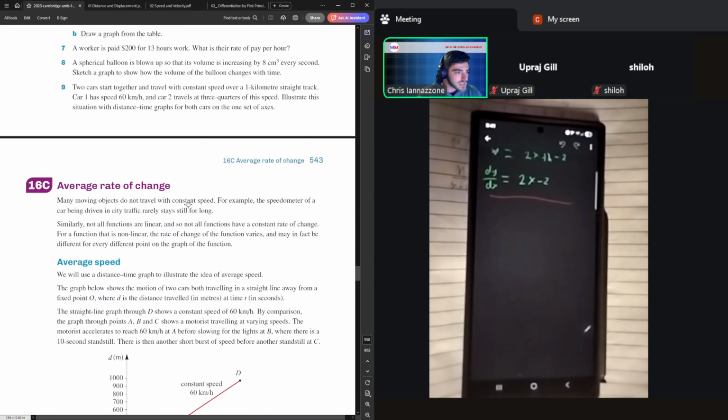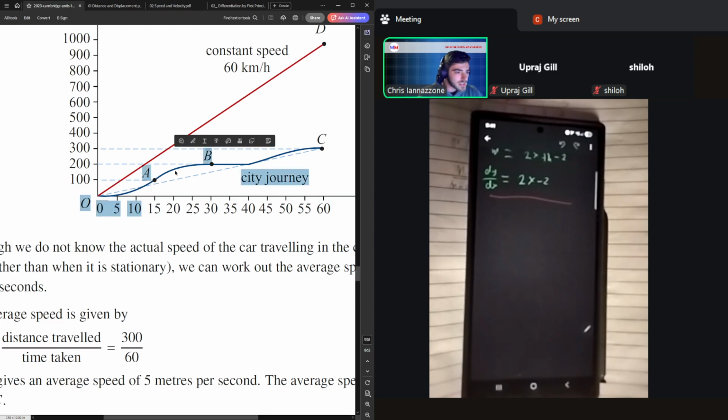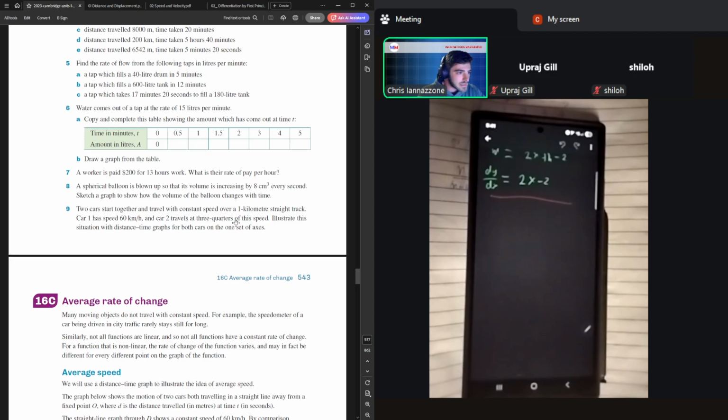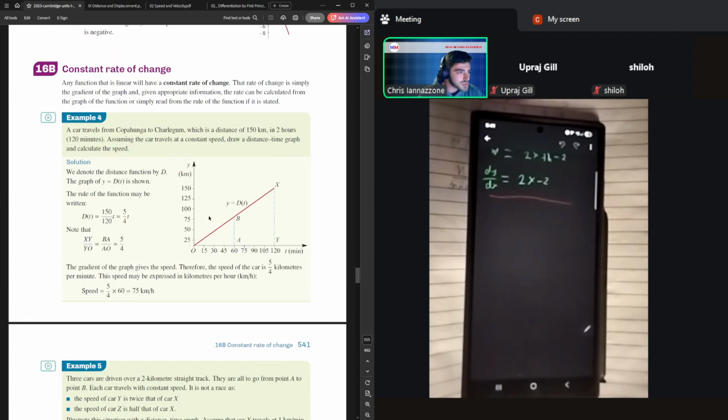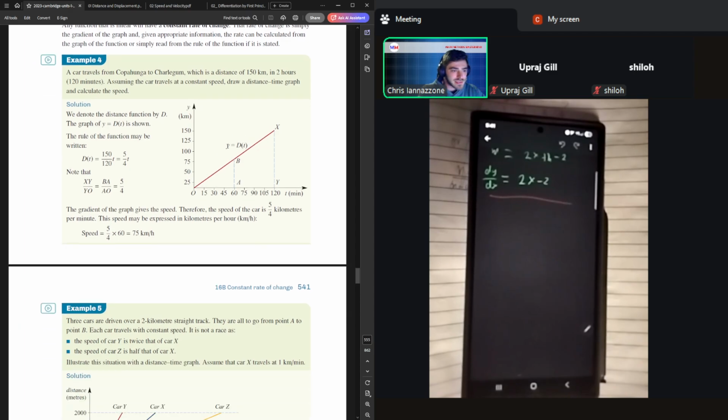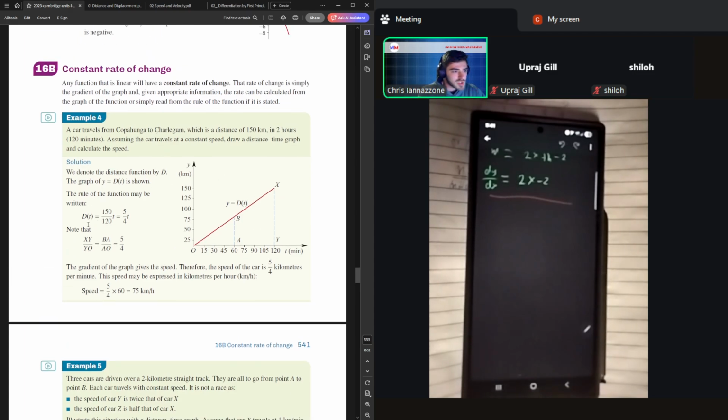Or in the case of the next one, you'll have a wobbly journey, but you want to find the average across that journey, in which case you would do the point A, the point C, and you would do your rise over run equation for that. In both cases, you're still finding the rate of change. In this case, because the journey was a straight line journey anyway, you're finding the actual speed of the journey.